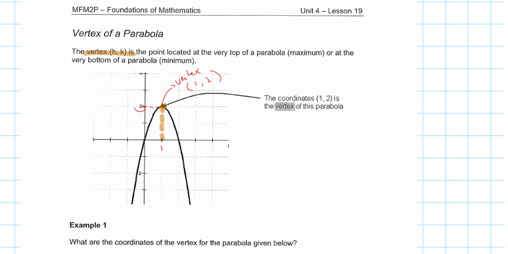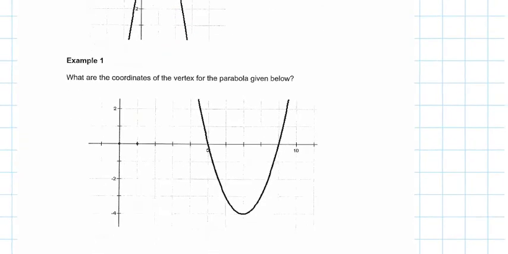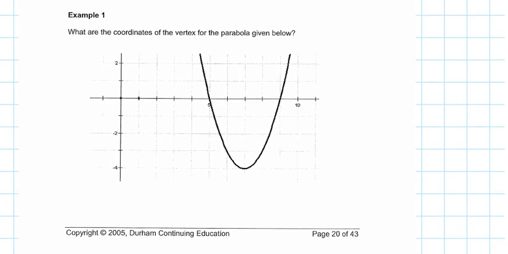So if I look at this, it's asking me what are the coordinates of the vertex of the parabola given below. So what's your vertex? 7. So the vertex is right here at the bottom, right? So it's at 7.